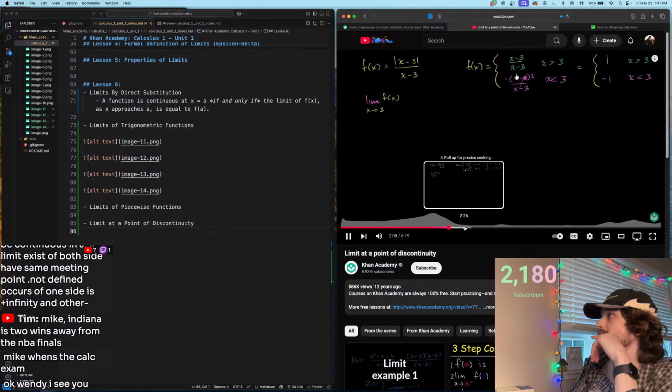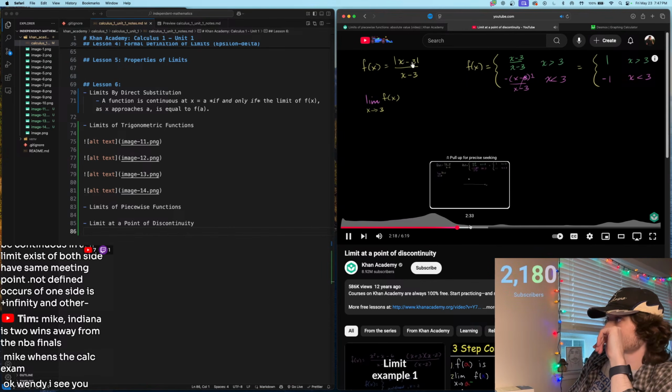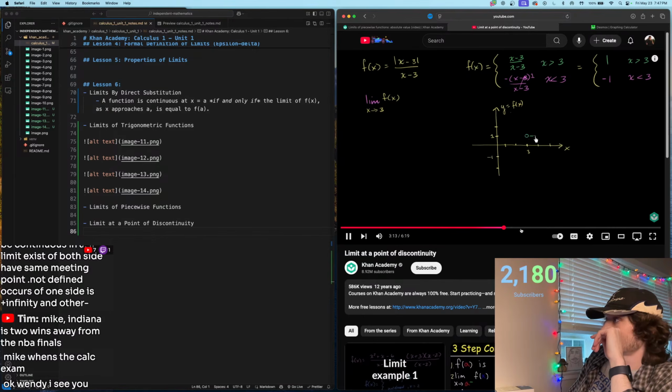I encourage you, if you don't believe what I just said, to try it out with some numbers: 3.1, 3.001, 3.5, 4, 7, any number greater than 3. You're going to get the same thing divided by itself, equal to 1. So this function is equal to 1 there, and it's undefined at 3.